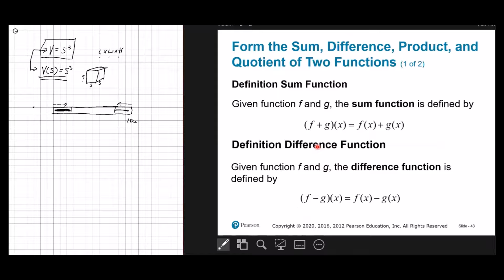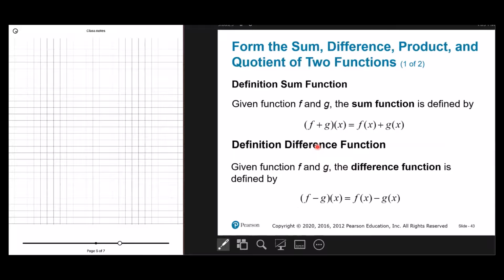Okay. Now we're moving into using the algebra on functions, the operations on functions, adding. Oh, I don't need to worry about that. I'll just move on to another page. We're adding functions, and we're going to be subtracting functions. So f plus g.